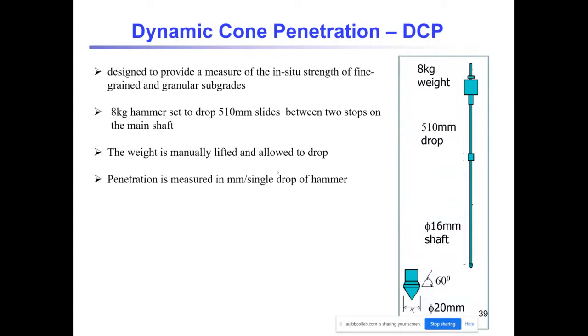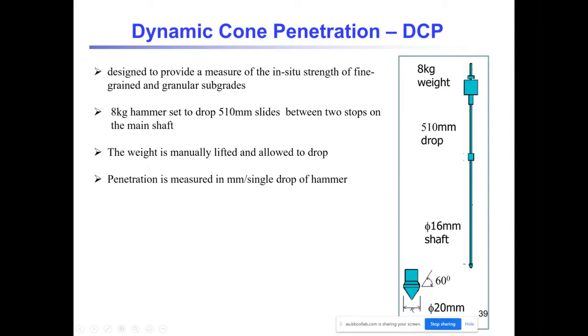So this test has been designed to provide a measure of the in-situ strength. Again, this is mainly for fine-grained materials. Here you can see the schematic figure of the equipment. So it has one shaft, one cone with an inclination angle of 60 degrees and a diameter of 20 millimeter.